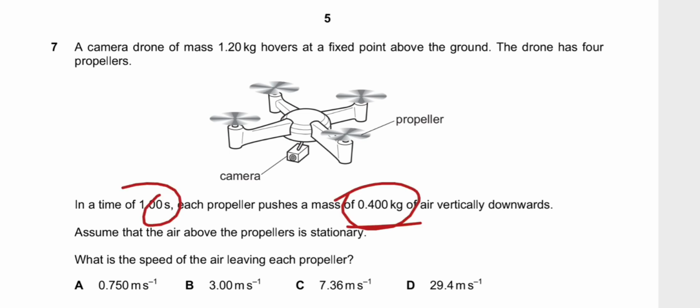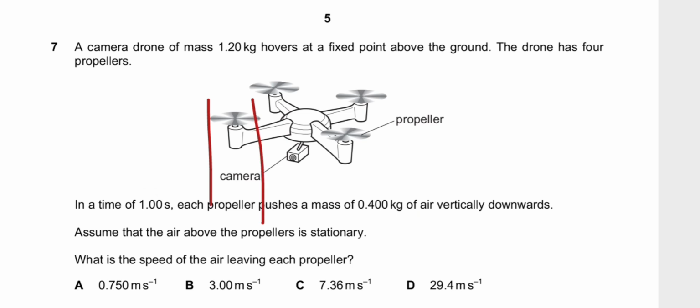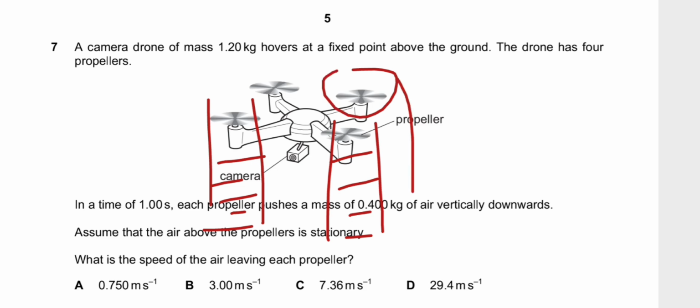What's happening here is that this propeller is pushing a mass of air down, this propeller is pushing a mass of air down, that propeller is also pushing it down, and that propeller is also pushing a mass of air down. They are pushing 0.40 kgs of air down, all of them at the same time.